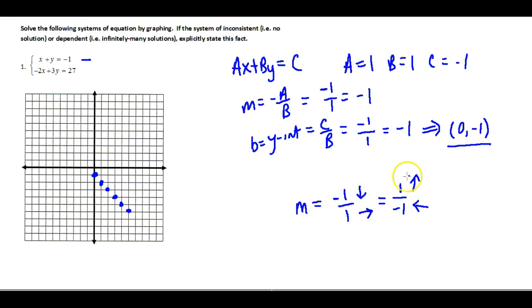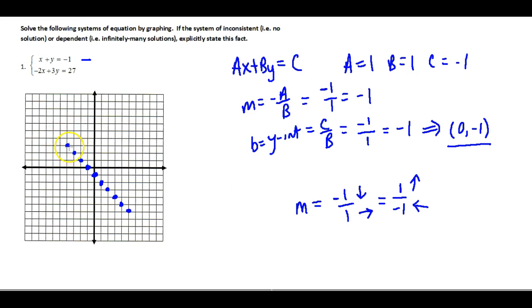If we use this form of the slope, then this tells us to go up 1 unit and to the left 1. So we go up and to the left again 1, and again 1, and again 1. And so we kind of see what this particular line is going to look like here. So here, what we'll do is go ahead and draw a line through all of those points.